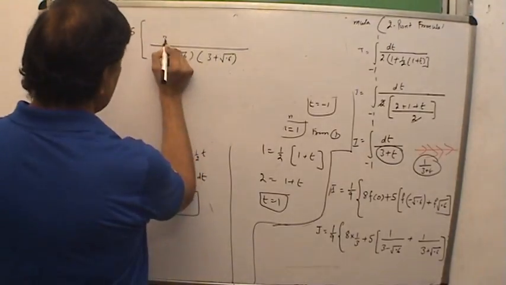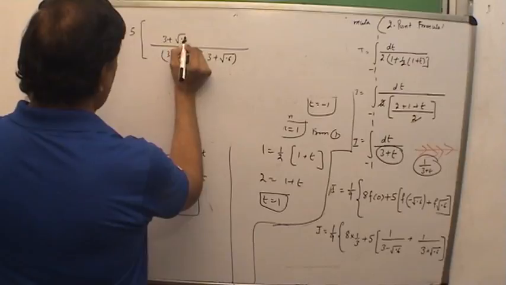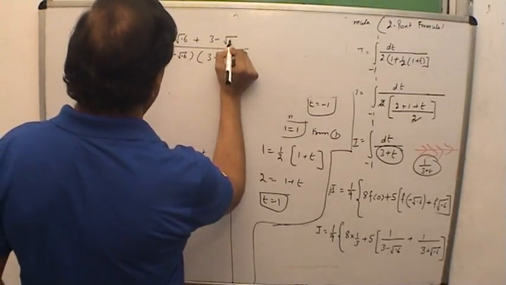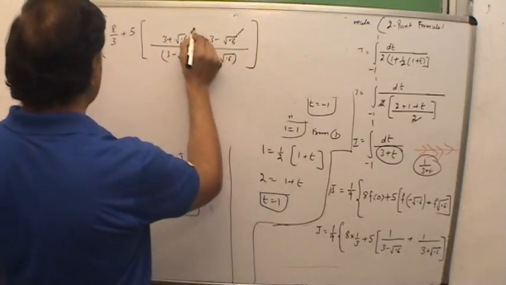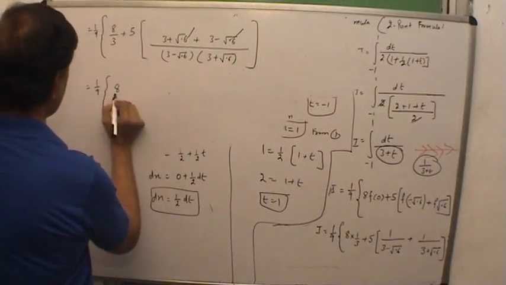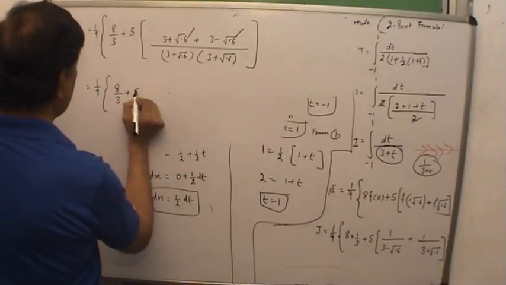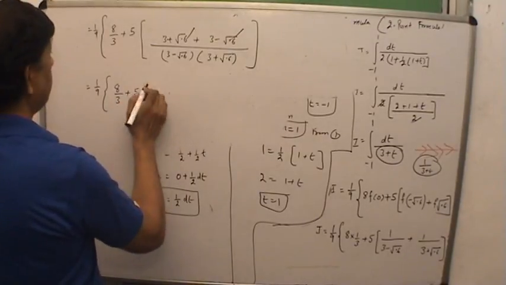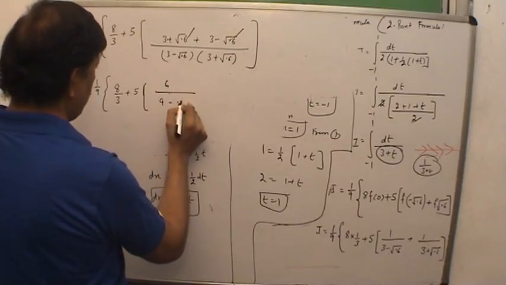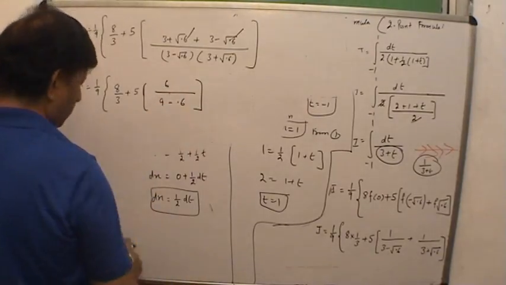We get 3 plus under root 0.6 plus 3 minus under root 0.6. It cancels. That is equal to 1 by 9 into 8 by 3 plus 5 times 6 upon 9 minus 0.6.